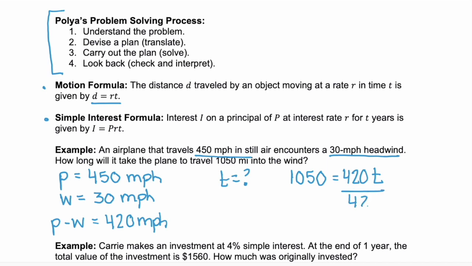Divide both sides by 420, and we see that the time is equal to 2.5. Well, 2.5 what? Since speed is measured in miles per hour, and our distance was in miles, that means our time is measured in hours. So this plane can travel 1,050 miles in 2.5 hours.